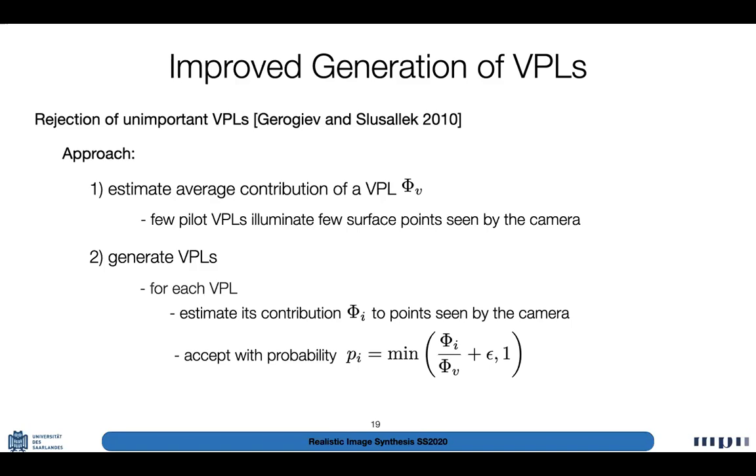You accept the VPL with probability p_i equal to the minimum of phi_i normalized by the average VPL contribution and one, and then you divide its energy by p_i. And if you recall, this is pretty much what we were doing when we spoke of Russian roulette a few lectures back.